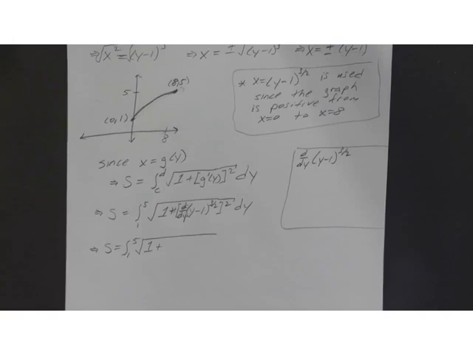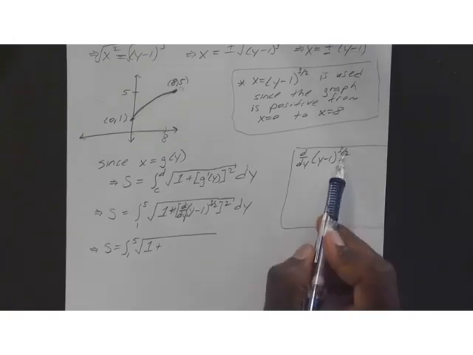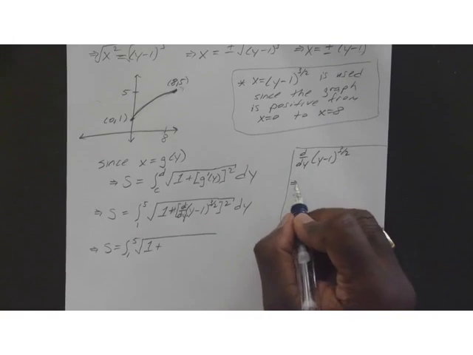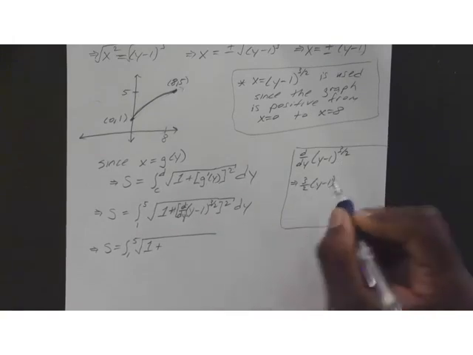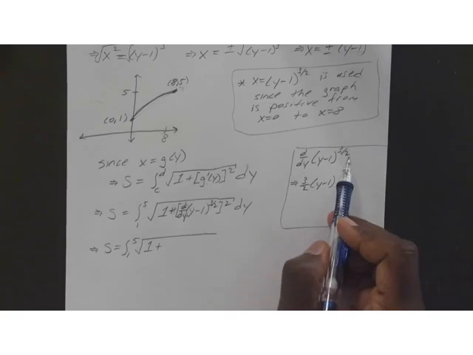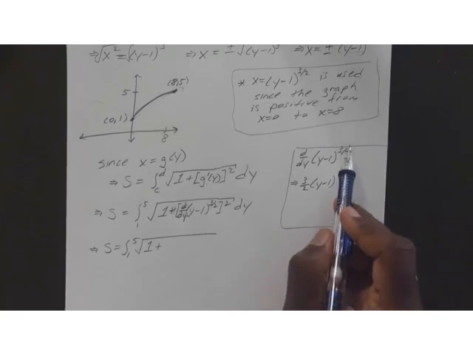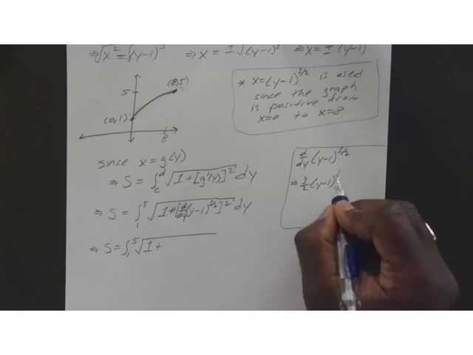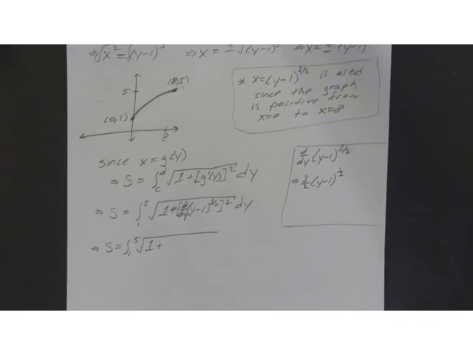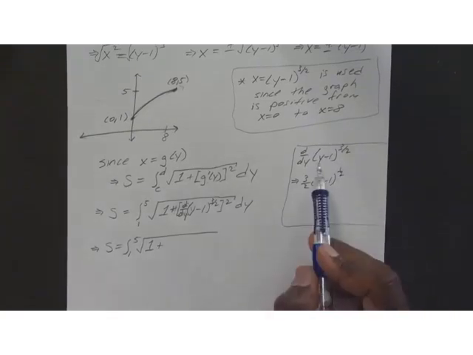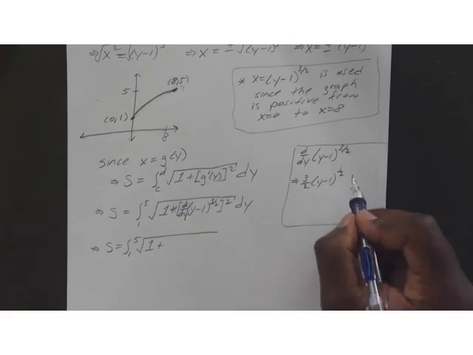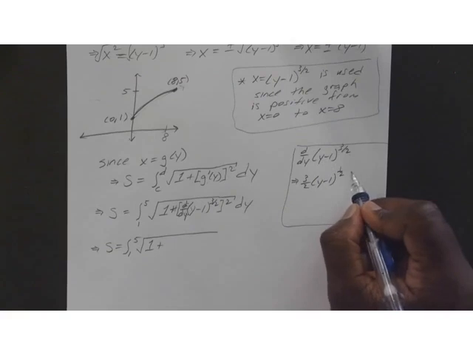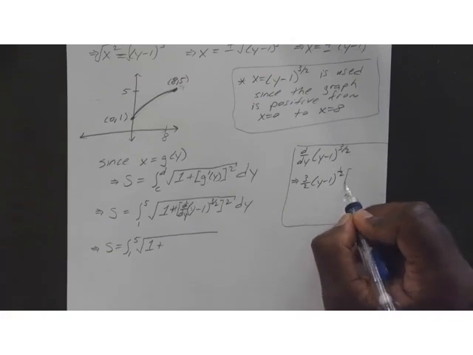From there, we can just use the chain rule. We bring down the 3/2 times (y minus 1) to the 3/2 minus 1. So 3/2 minus 2/2 is 1/2. Times the derivative of y minus 1, which is just 1.